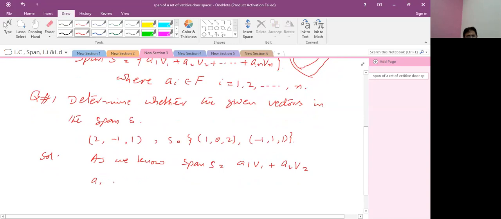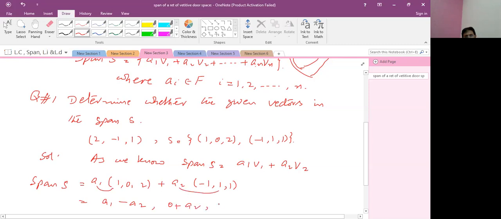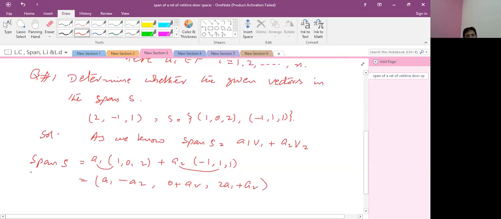We put here, students, a1 times (1, 0, 2) plus a2 times v2, which is (1, 1, minus 1), which is equal to the span of S. If we form an equation, students, a1 multiplied by 1 plus a2, a1 multiplied by 0, it means 0 plus a2 multiplied by 1, it means a2, and a1 multiplied by 2, 2a1 minus a2. These are the span of S.